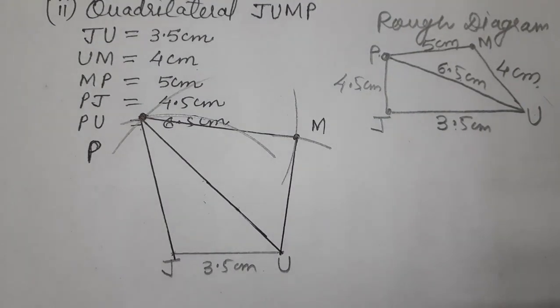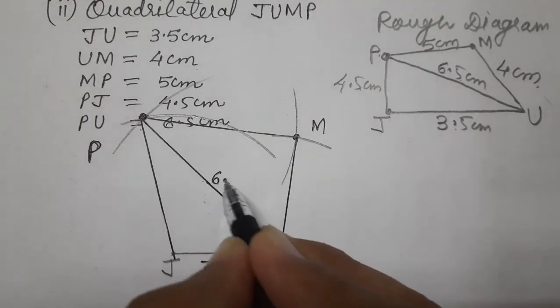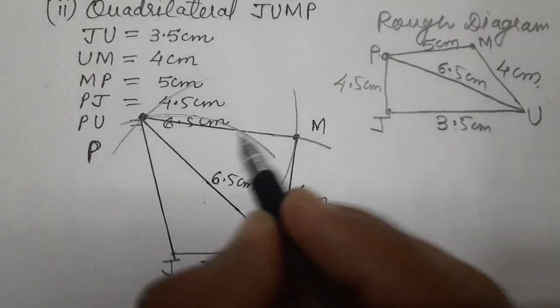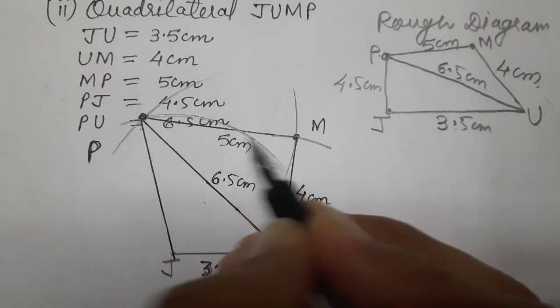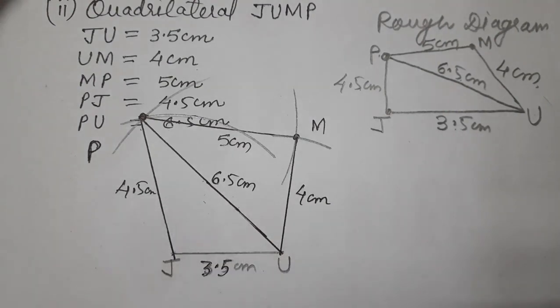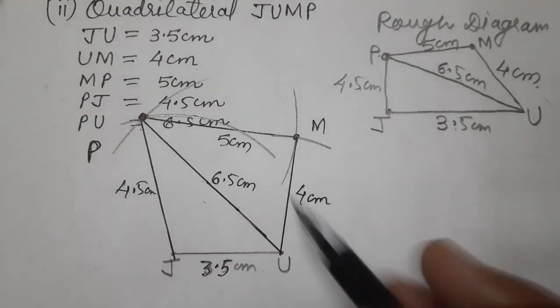So we have joined this one also. Now we are going to label each and everything. 3.5 we have already drawn. 6.5, 4 centimeter, this is 5 centimeter, 4.5 centimeter. So in this way, see, we have constructed a quadrilateral uniquely.